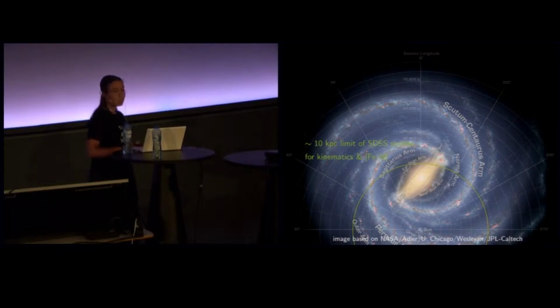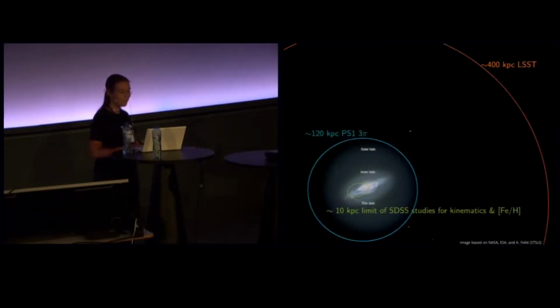But there's a lot going on in the halo, and that's how our Milky Way looks as an artistic image from larger surveys like PS1 or the upcoming LSST. So PS1 enables us to cover all of the galactic bar, everything about the spiral arms, the inner halo, and even almost everything of the outer halo within 3/4 of the sky.